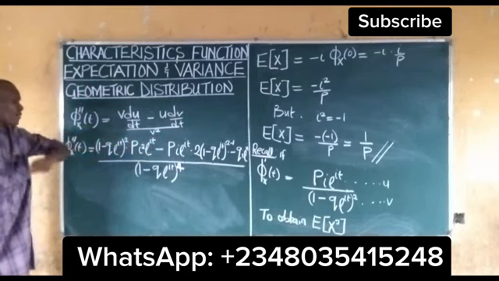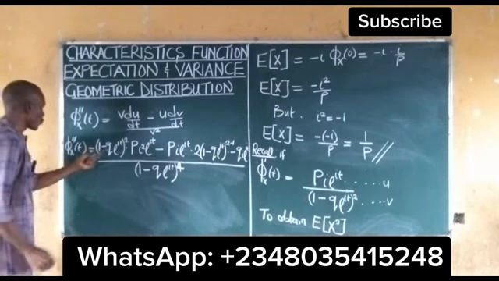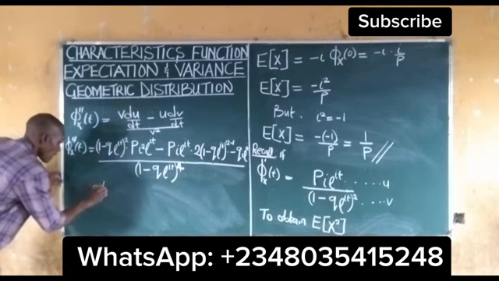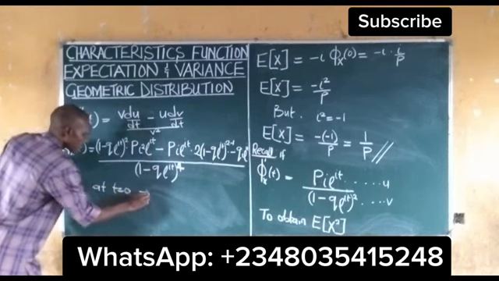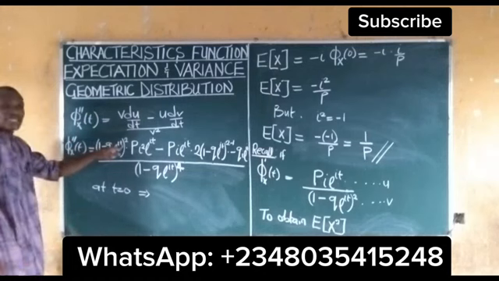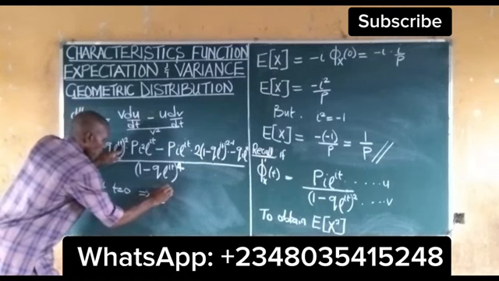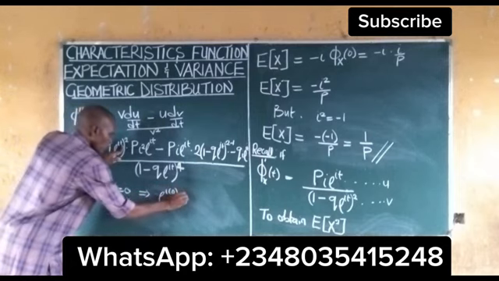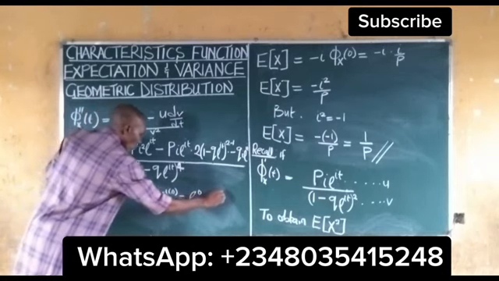So we can now rearrange. Or we say at t is equal to 0, which implies that anywhere we see t, we put 0. And it makes our exponential i 0 to be 1.